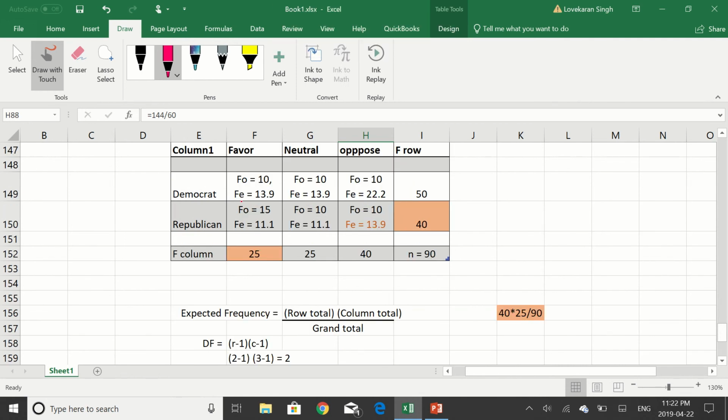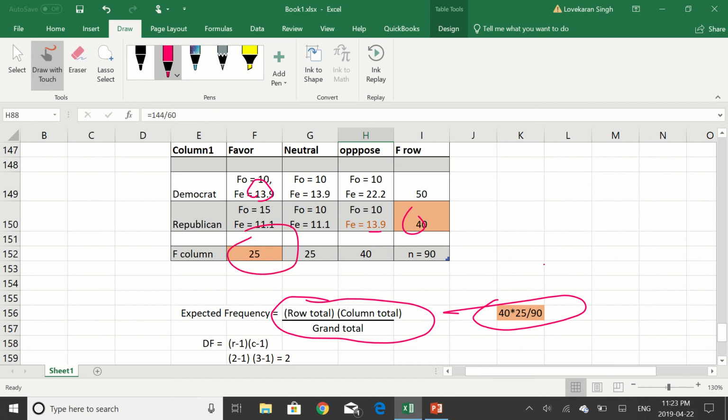To find the expected frequency, we use the formula we talked about before. Here is an example: to find 13.9, we take the row total multiplied by the column total and divide by the grand total.